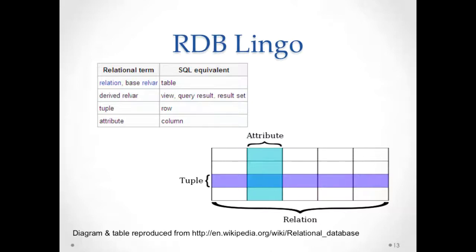So the things to remember from this slide are a relation is a table, a tuple is a row, and an attribute is a column. We won't use that language in here, but when you see it out in your real job elsewhere, you will run into people who might use these words for them.